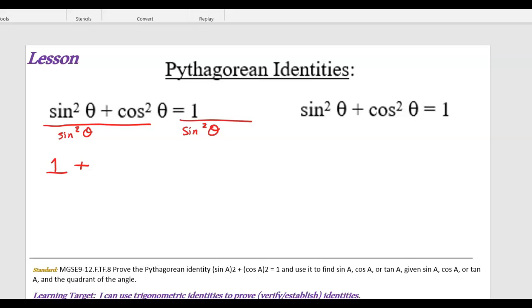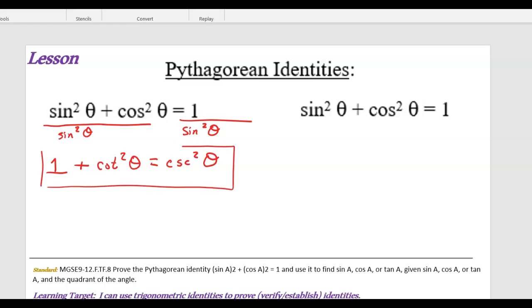So cosine squared theta over sine squared theta is cotangent squared theta. 1 over sine squared theta, that's 1 over sine of theta times sine of theta, is cosecant squared theta. So this is another Pythagorean identity. Where did it come from? It came from the OG, where you divide everything by sine squared theta.